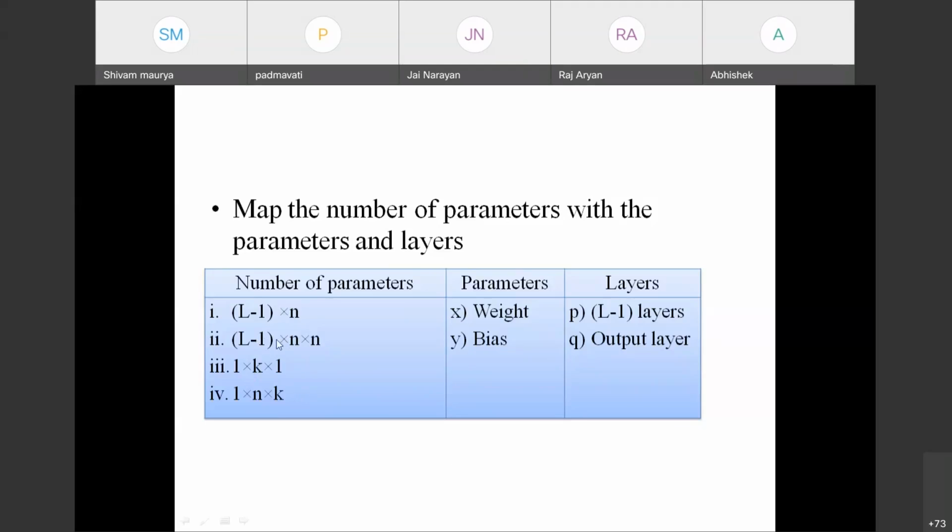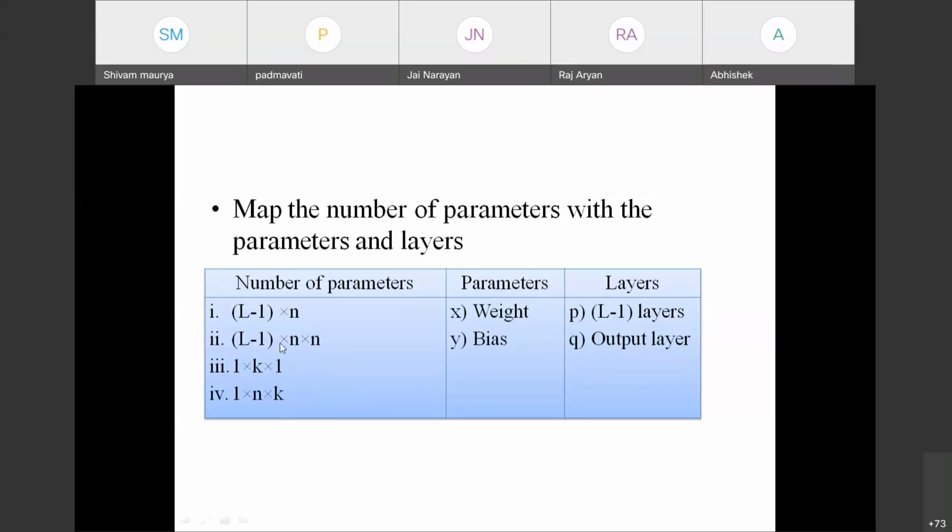Try to solve the second one, L minus 1, N cross N. Because each neuron in each layer, we have a uniform number of neurons.